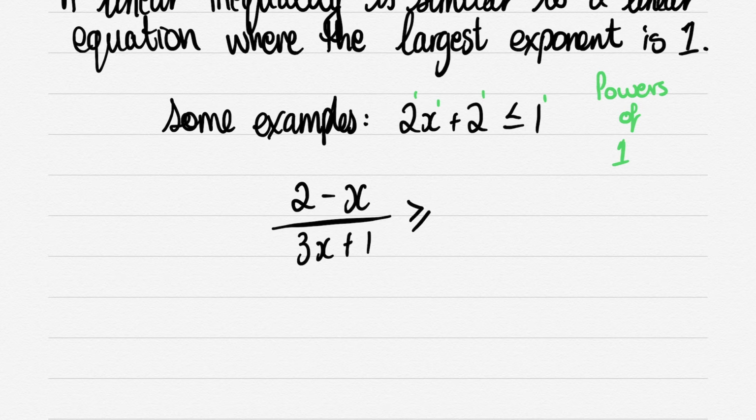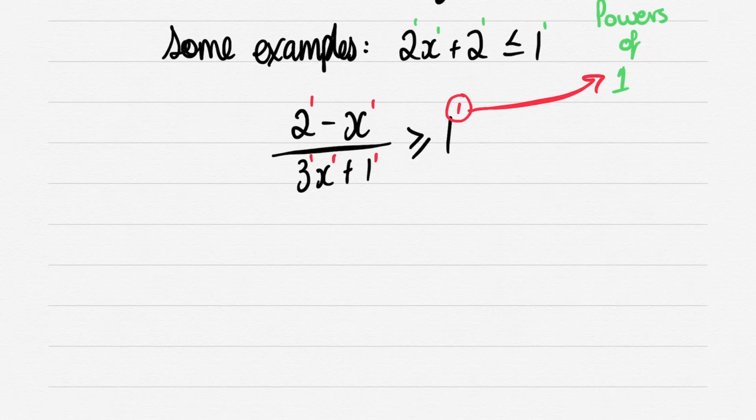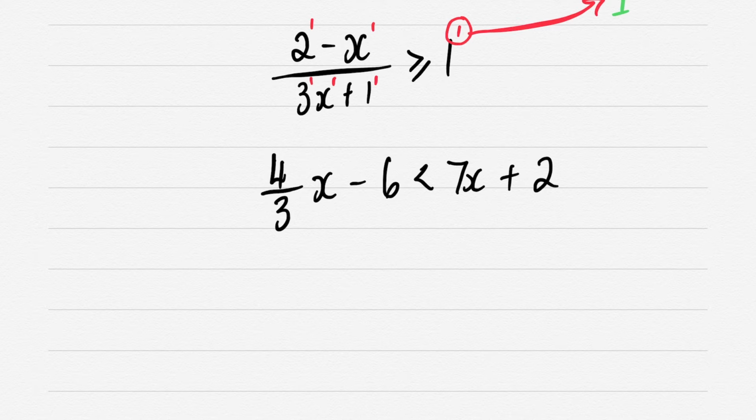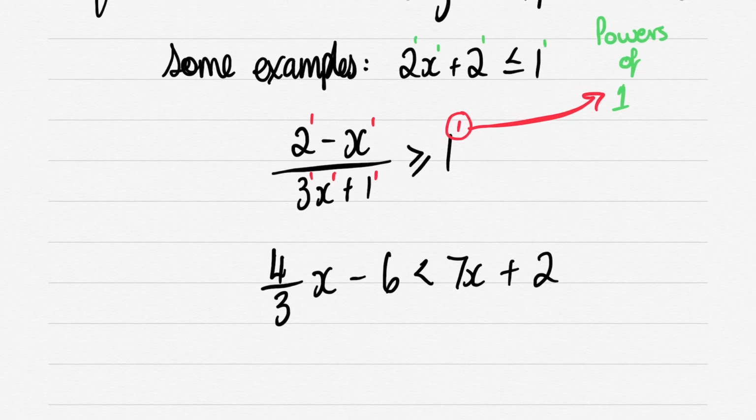You then can get examples with mx cubed plus bx squared plus ax to the power of 1 and then a value of c. In this case, you'd be calling that a cubic, but as I mentioned, we will be dealing with linear inequalities.